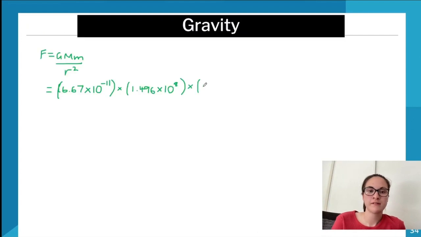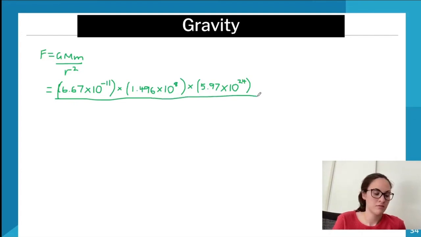Yeah, 5.97 by 10 to the 24. Okay. Now, all that's going to be divided by, it's going to be a long division symbol, our radial distance.